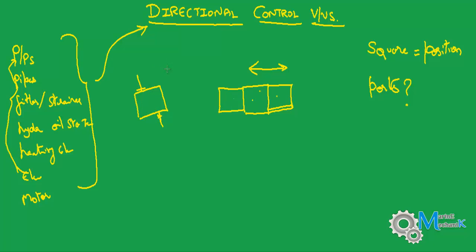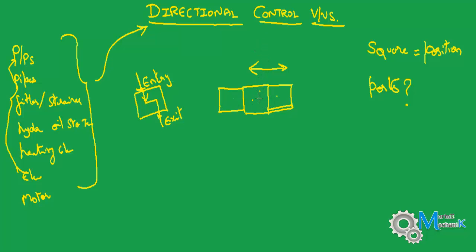So you require ports to connect the passages so that the oil flows through it. So in this case I can make the connection like this so that the oil flows from this port to this port. In this case, this is the entry port and this is the exit port. Entry and exit. So on the valve block of the directional control valve, somewhere the oil should enter and somewhere the oil should exit. So with that in mind, let's proceed with the basic three position valves.